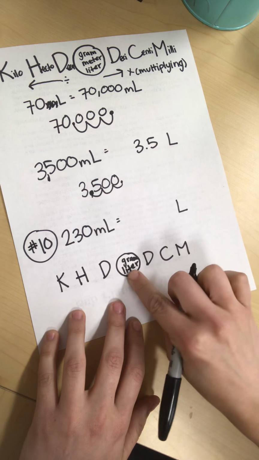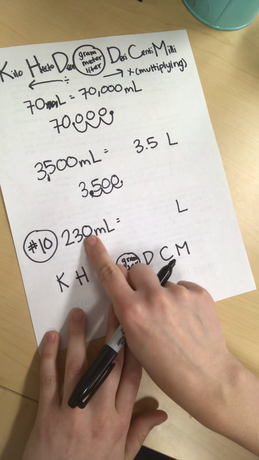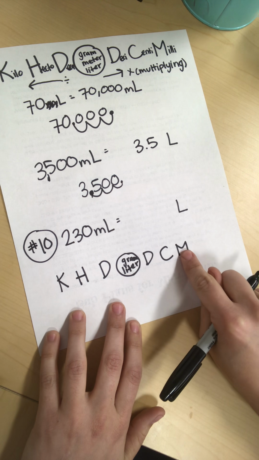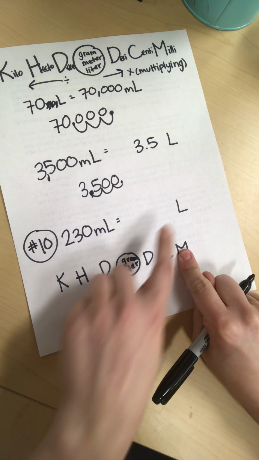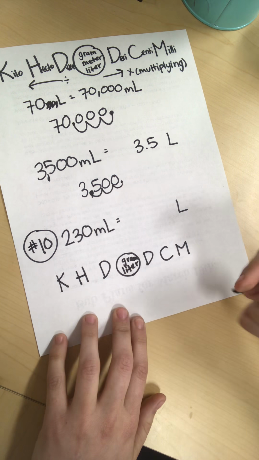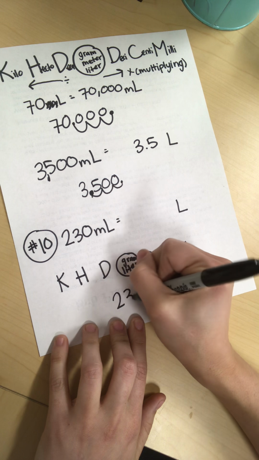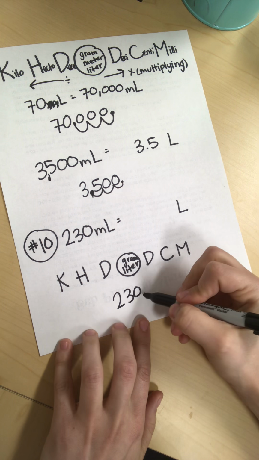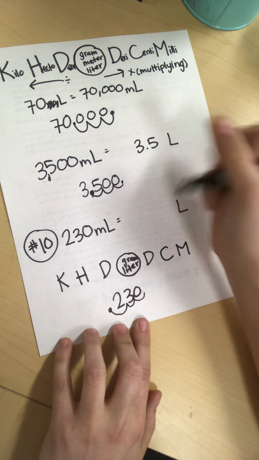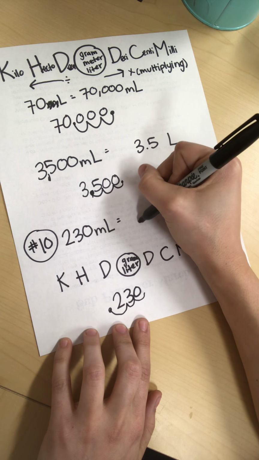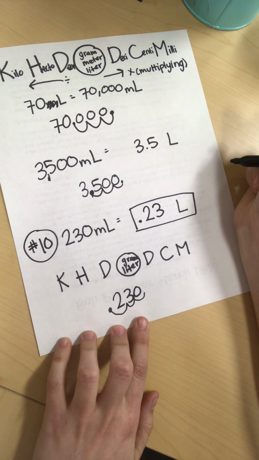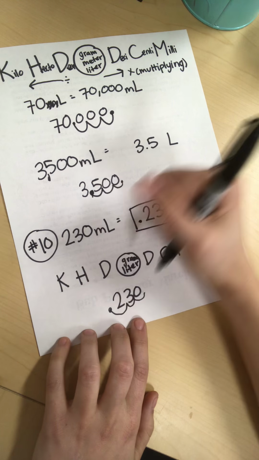This time we're using liters. Now we're going from 230 milliliters to liters. So my milliliters are over here, and I'm going to the liters. So I'm going 1, 2, 3. I'm moving it 3 times that direction. So I have 230. The decimal is there, so I'm going to move it 1, 2, 3 times. So 230 milliliters is equal to 0.23 liters.